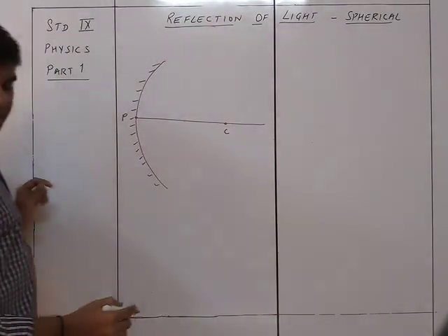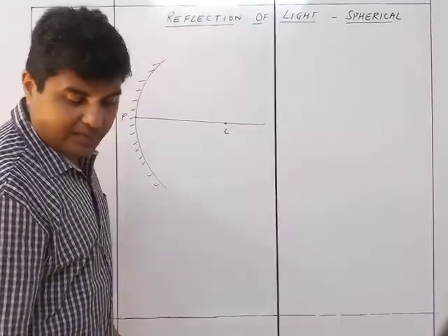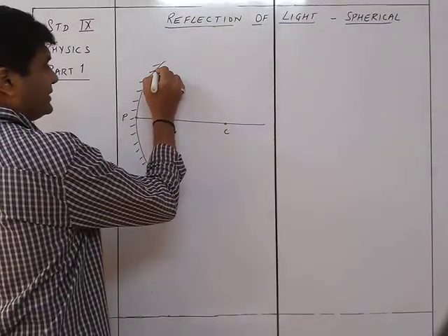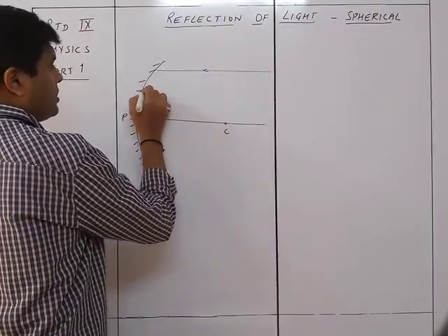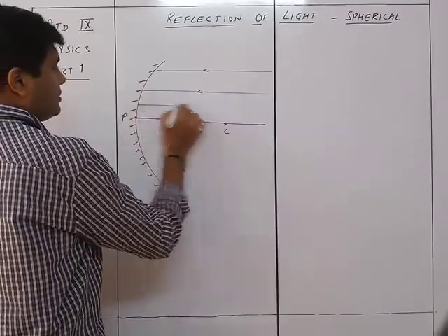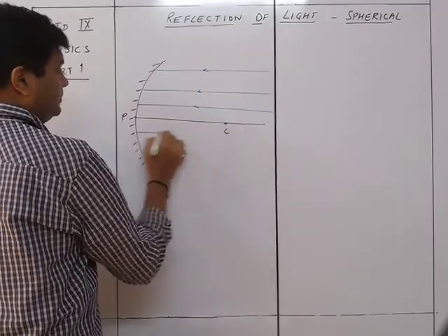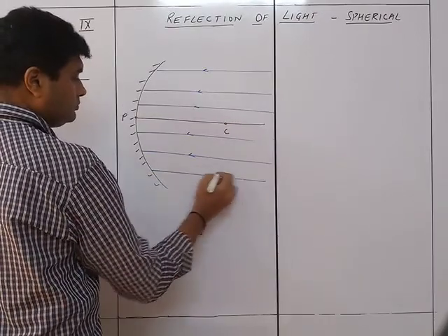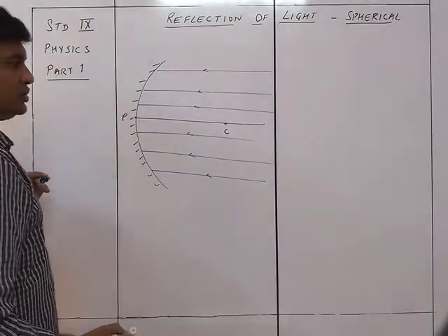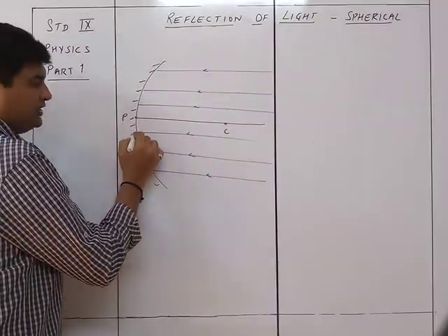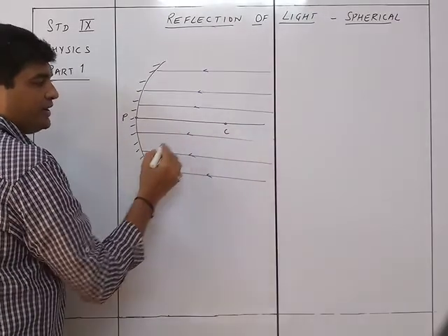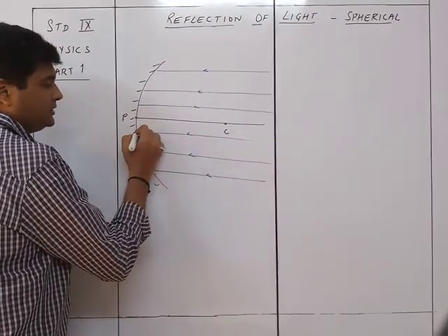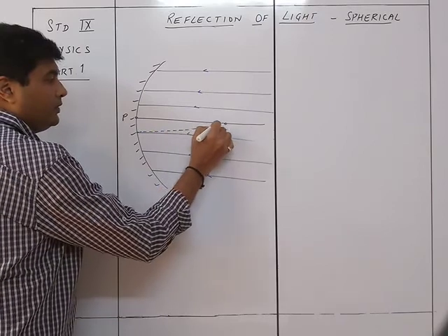it will be seen that if there are rays of light which are coming parallel to it over here like this, so if I join this one to the normal, suppose I just draw once that this is my normal.